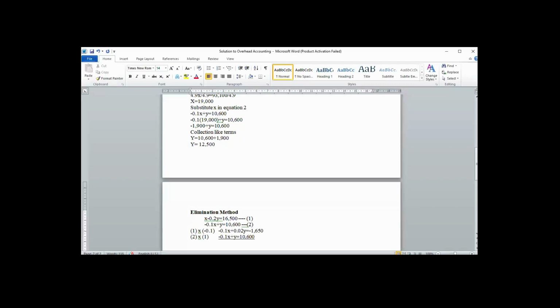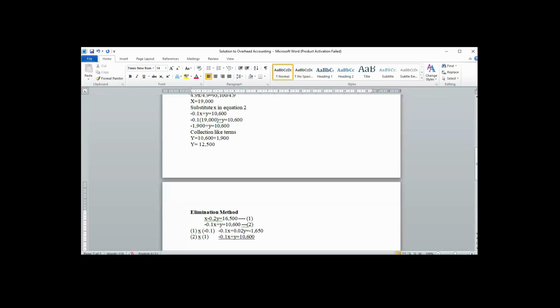Minus 0.1 times minus 0.1. No, not timesing it. When a statement like that is given to you, it means plus. It will now be minus 0.2x. Is it clear? Yes, sir. We are meant to eliminate that.